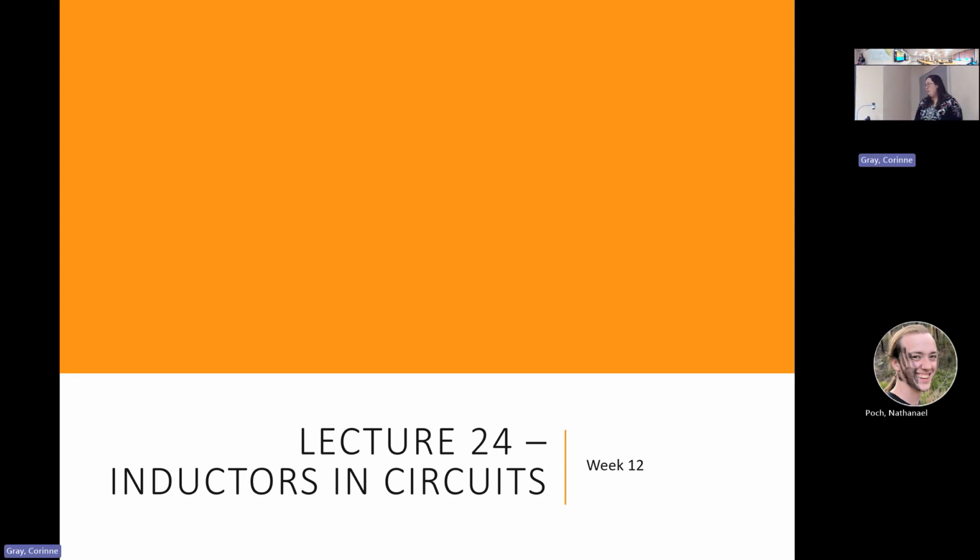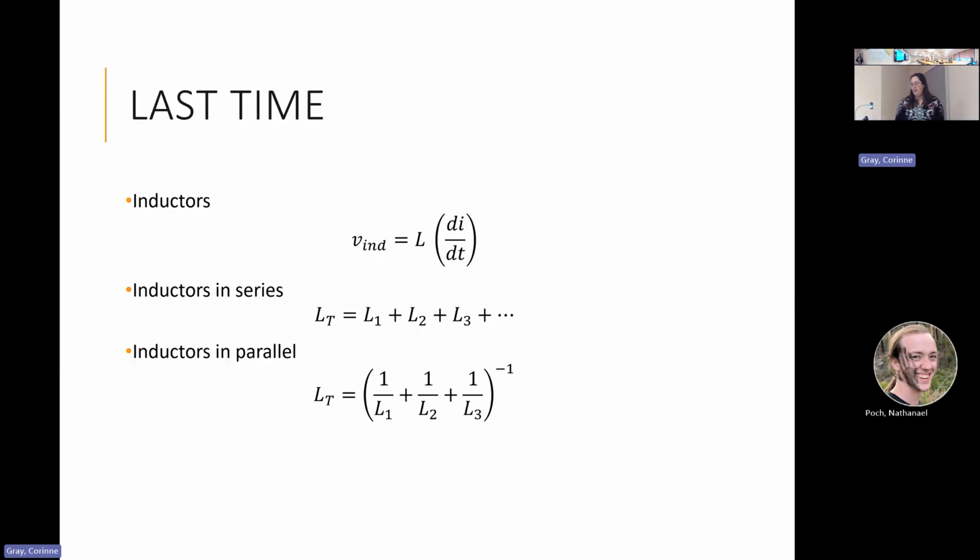Before we get into the inductors and currents, last time we were kind of at this point here. We talked a little bit about Lenz's law, which is not necessary for the exam, but that is why for our induced voltage value inside of the inductor, it is a time derivative of the current, where the current and the voltage are instantaneous values.